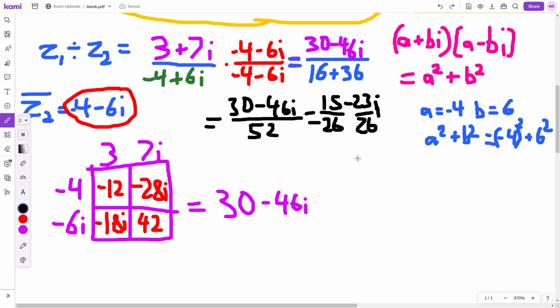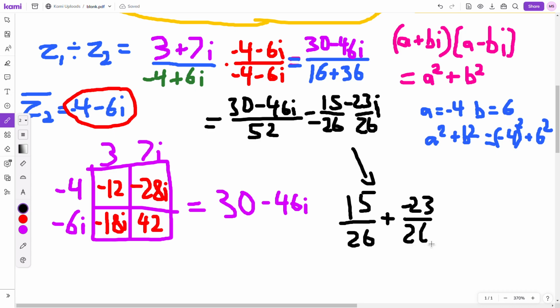So therefore the answer is 15 over 26 plus negative 23 over 26 times i. Although, honestly, we don't have to put that minus there. It's fine. We just put it right here. You're allowed to do that. And that's it. That's our answer.